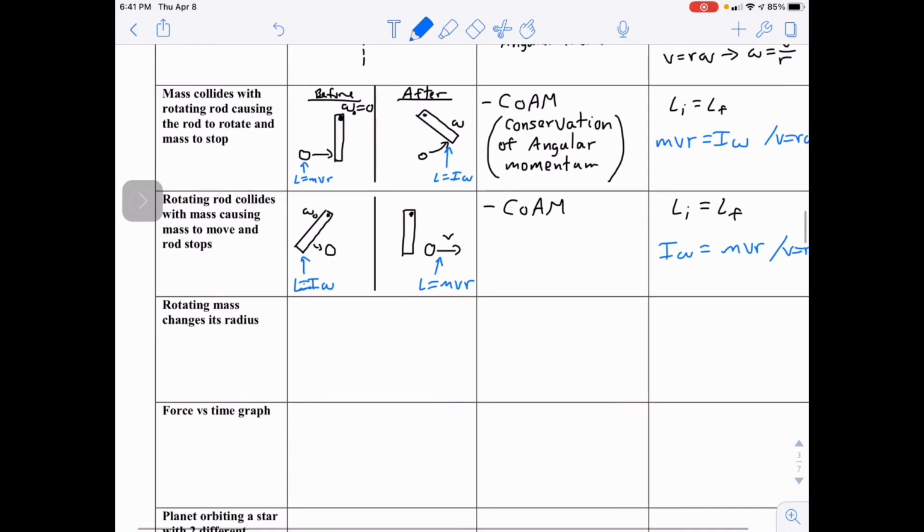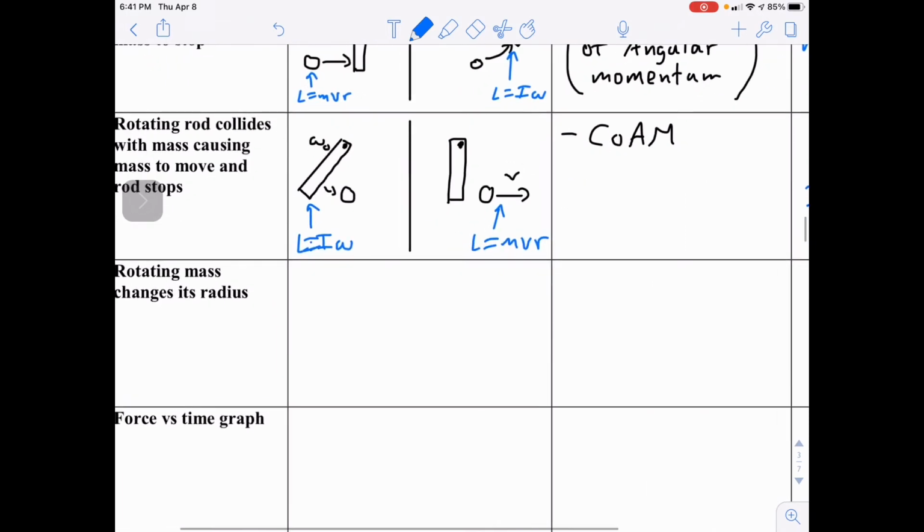Okay, what if we have a rotating mass changing its radius? So picture a person on a stool, or even a figure skater for that matter. So we have a person here. I'm going to draw a before and after here too.